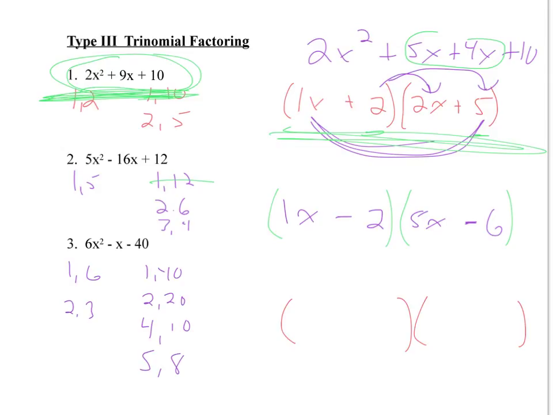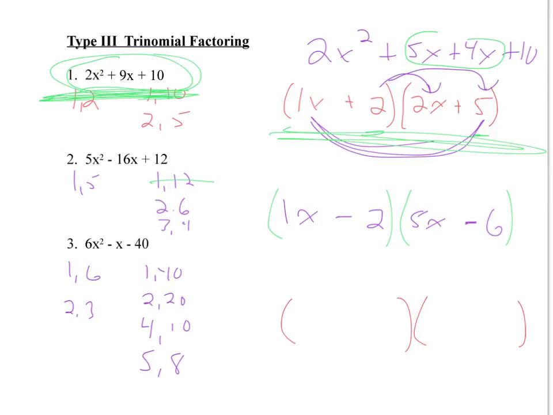One little key clue to keep in mind, if the B term is relatively small, oftentimes it's going to come from some combination of the smaller factors, but not necessarily, so let's see what happens. So real quick here, 1 times 1 is 1, 6 times 40 is 240, 240 plus 1 is not negative 1.